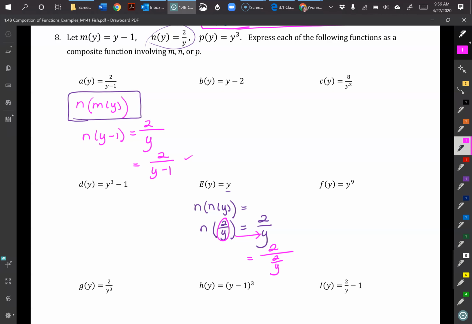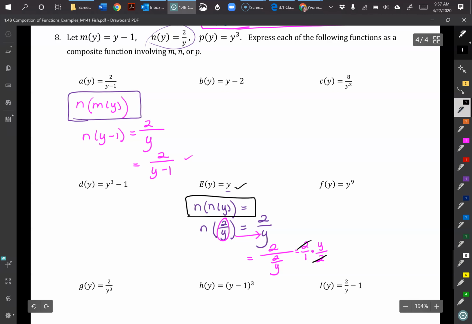So now when I have this fraction, I'm going to simplify, and that would simplify down to be 2 over 1 times y over 2. Oh, and the 2's cancel. So I didn't quite have an identity thing, but I ended up with my y back. So kind of worked out that way. So that was true. So my answer for this one is n of y.